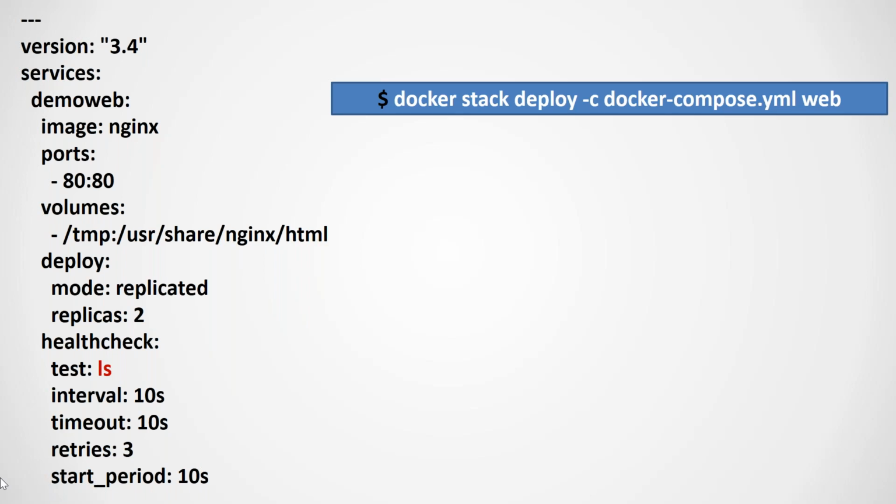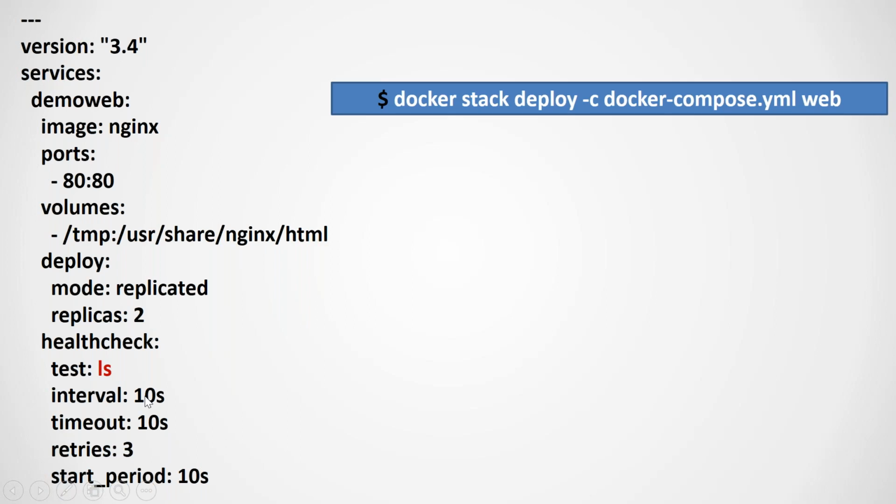Okay. And the final and the most important one is start period. Now, what do you understand by start period? Pay close attention. When I am bringing up my application, I tell it to run this. Let's assume I have started my container using a service; when I say service create, it will create a container. Now inside the container, every 10 seconds it is going to run this command.